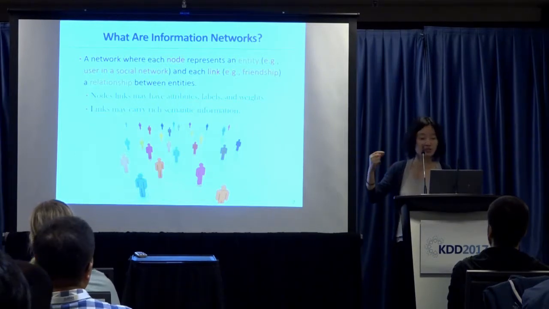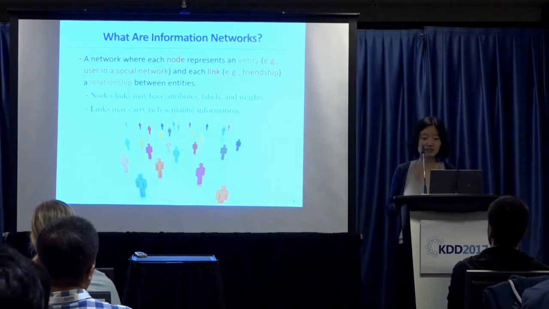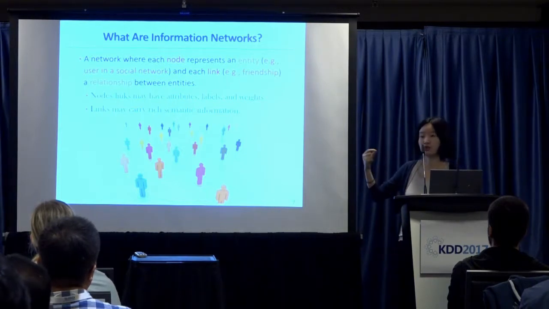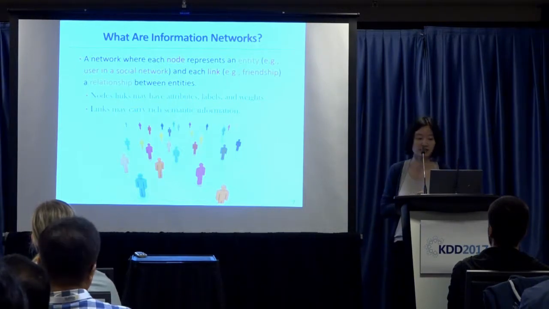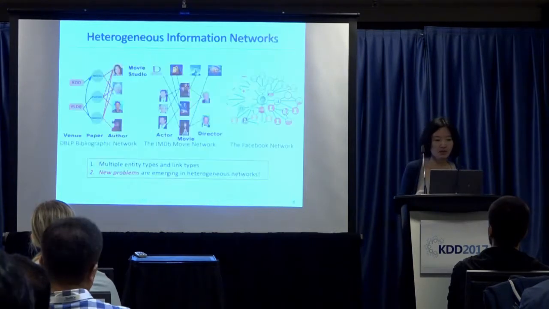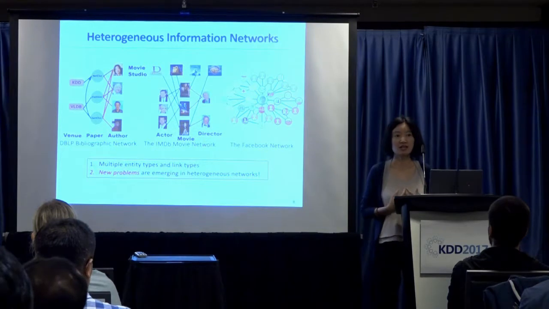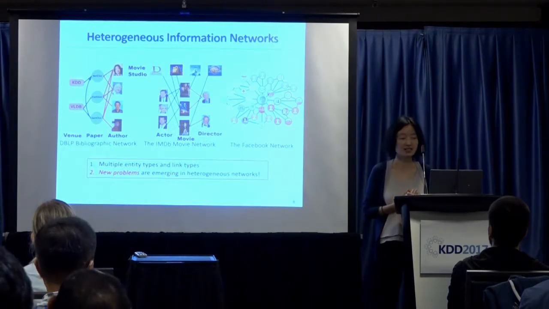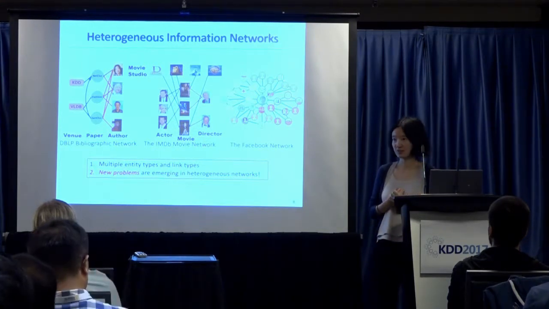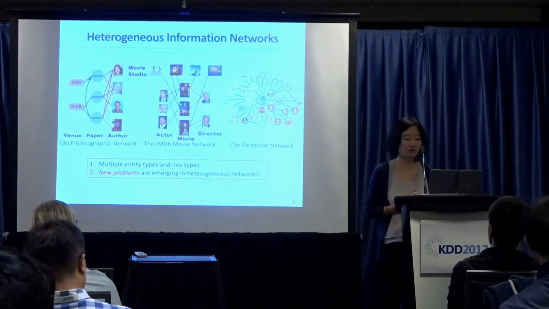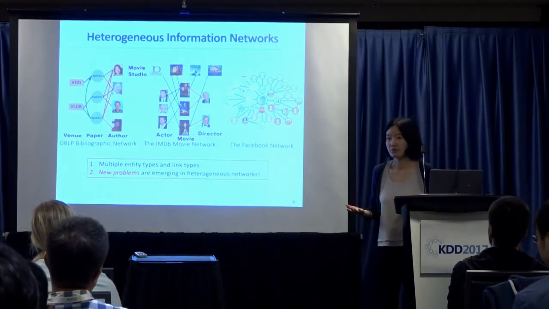Like the user friendship link, and user has watched some movie, this kind of interaction link, and all kinds of those links, right? And also we want to emphasize that in most real world cases, information networks are heterogeneous. So in other words, we have not just one type of nodes.